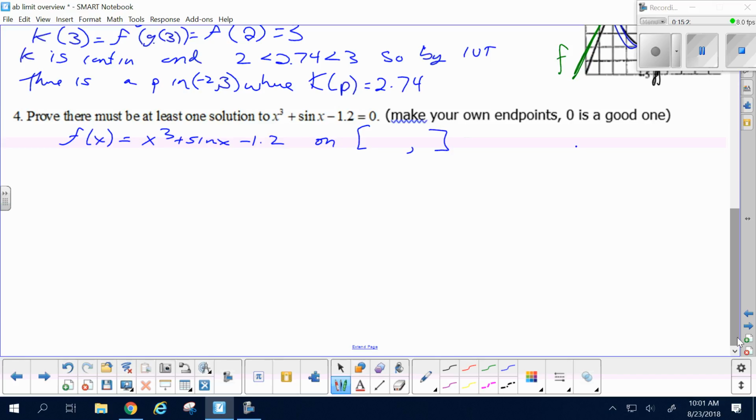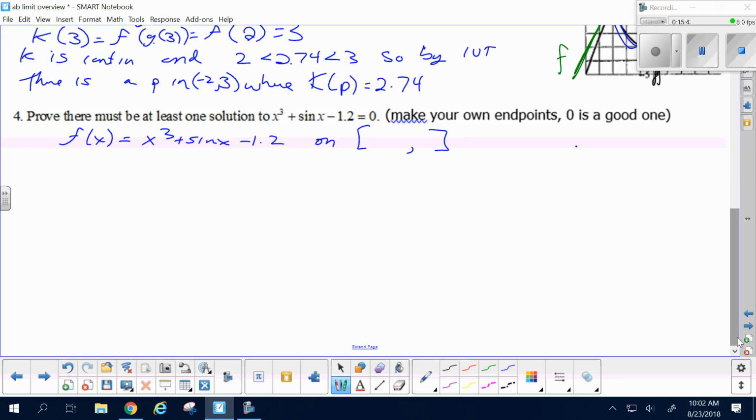That's actually quite freeing. It's my choice. My hope is that if I want to show it hits 0, then I probably want to find some endpoints where f is what? What's on either side of 0? Negative and positive. So I want to try and find some points where this curve would come out to be negative and positive. Let's take some guesses.